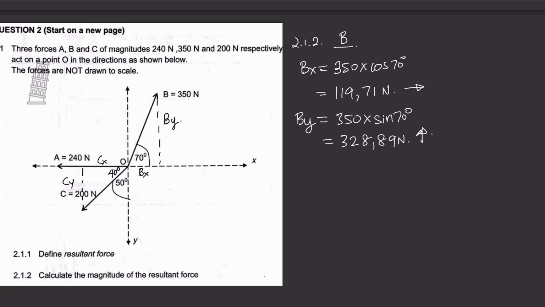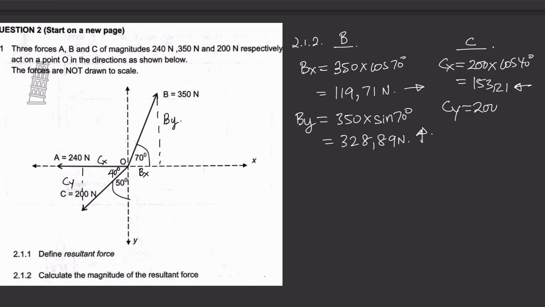Let's do C. So Cx is going to equal 200 times cos of 40 degrees. Let's just get this: 200 times cos of 40 is 153.21, and that's going to the left.